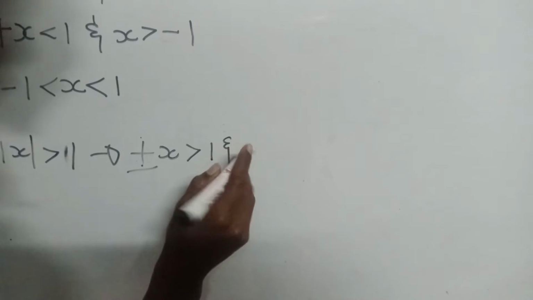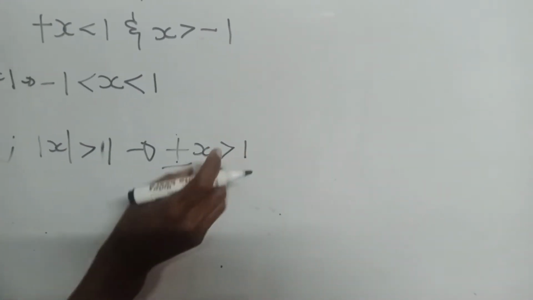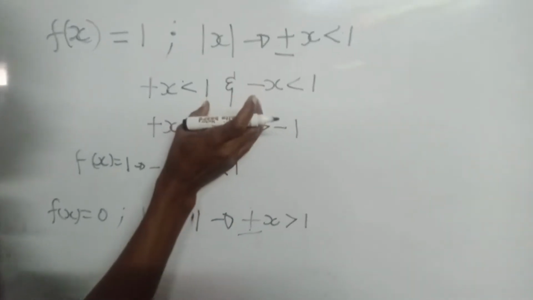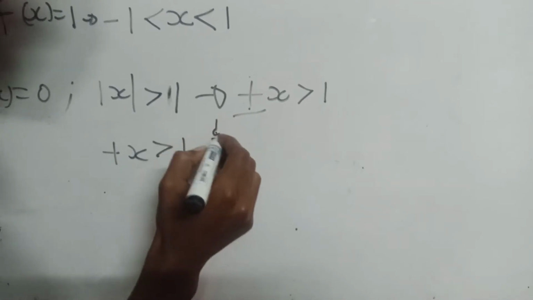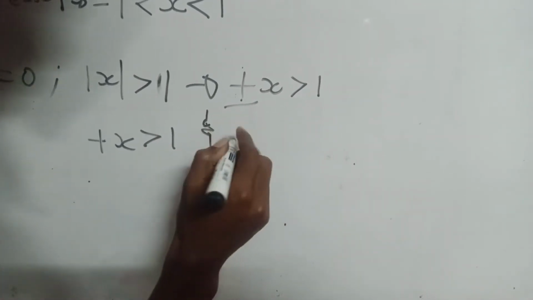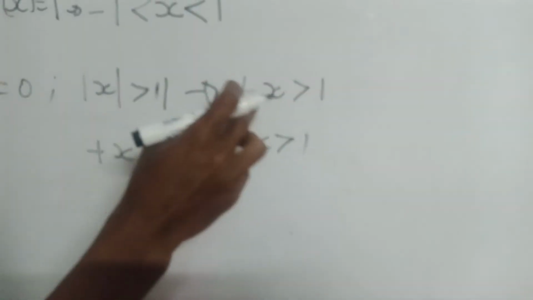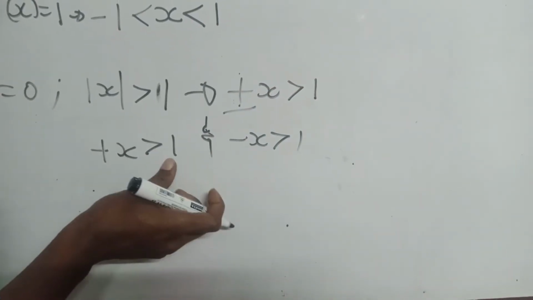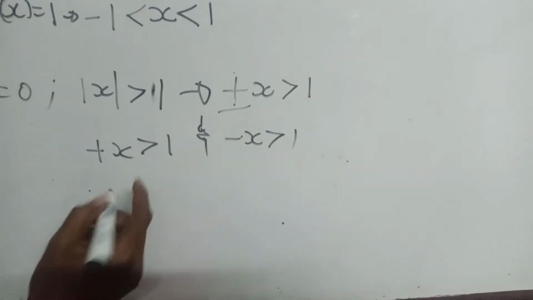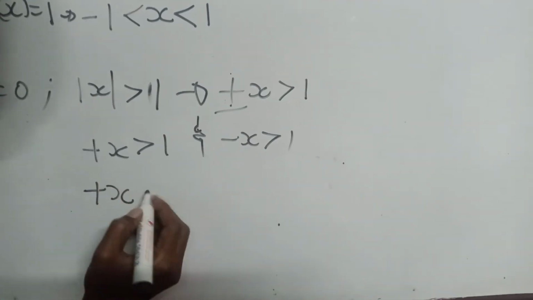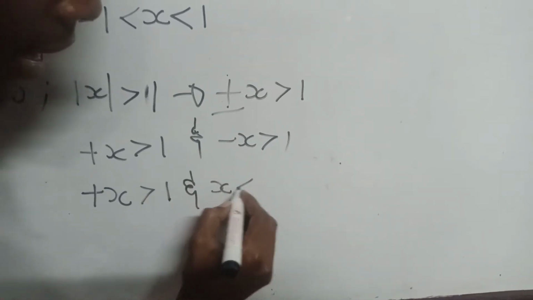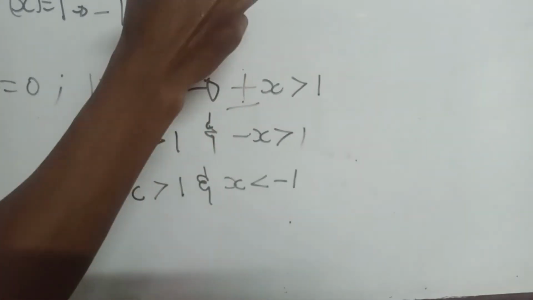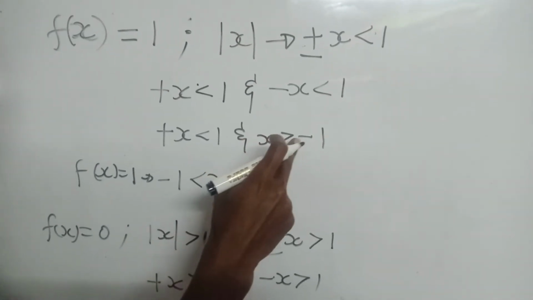We expand it like the one we expanded above. Plus x is greater than 1 and minus x is greater than 1. So we can rewrite it as x is greater than 1 and x is less than negative 1. Above we said x is greater than negative 1; here we say x is less than negative 1.